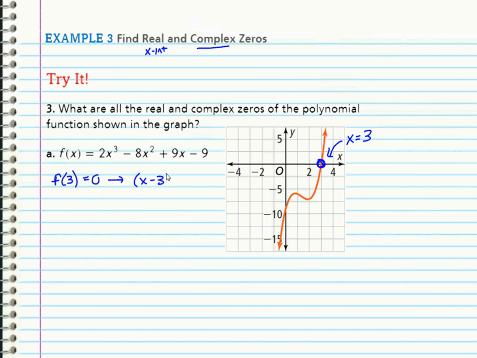Think about if I set this equal to 0, I get x equals 3. That's what that is. So I can use this factor and divide this polynomial by it. I can use synthetic division. I can do whatever I need to do, and I will get my other zeros, or I'll get something that I can use to find my other zeros.